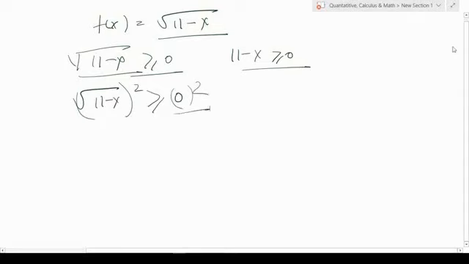This is another way of, you could say here 11 is greater or equal to x, or x is less than or equal to 11.